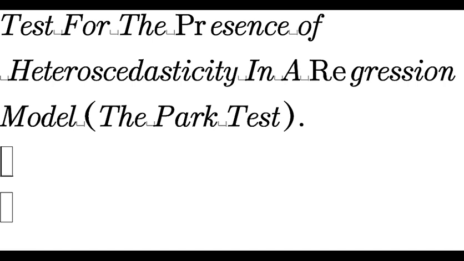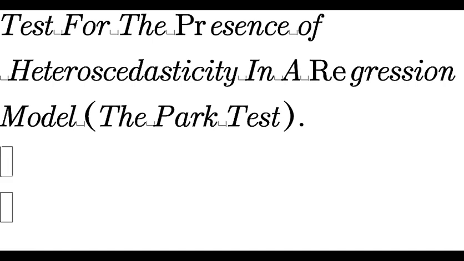When we want to test if there exists unequal variance in the error term of a regression model, there are many tests. We can use the White test, the Park test, the Glejser test, etc. But in today's program, I have to treat the Park test.